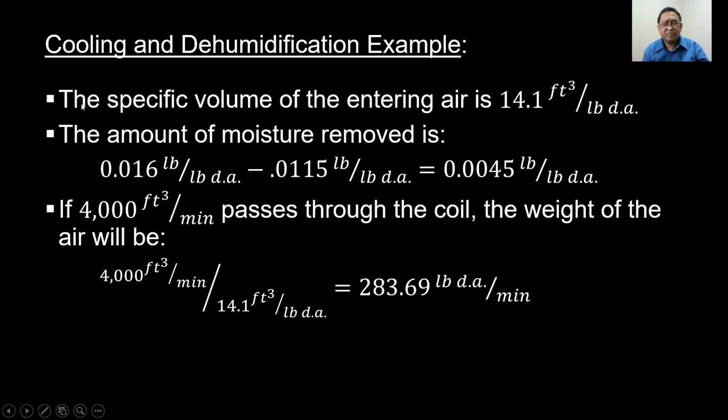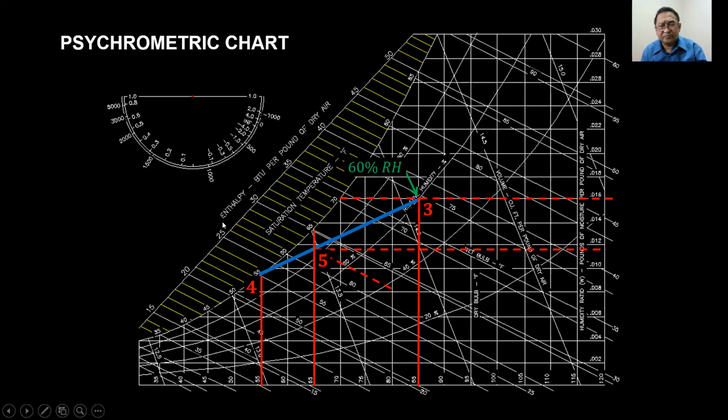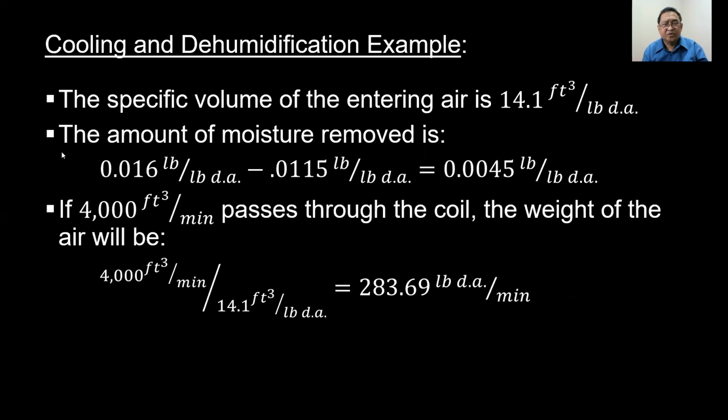So the solution: the specific volume of the entering air is 14.1 cubic feet per pound of dry air. And the amount of moisture removed is 0.016 minus 0.0115.